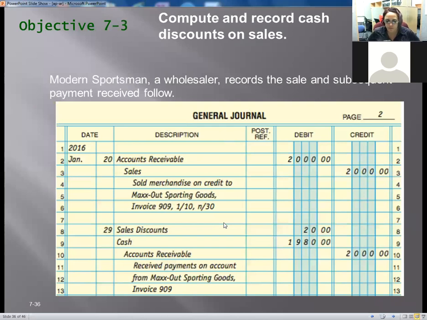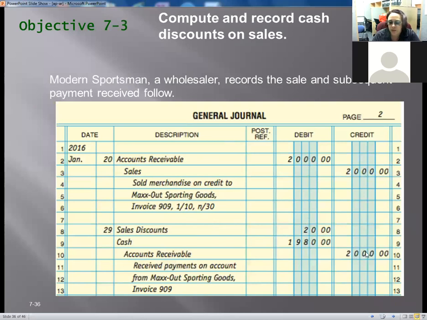Okay. The sales discount on this transaction would be $20 because it's 1% net 10, and they paid it within 10 days. So here's their 1% of the $2,000, which is the $20.